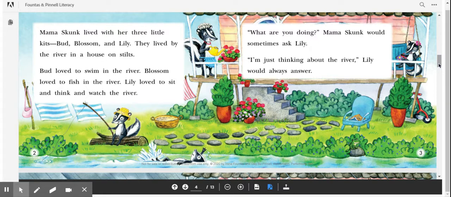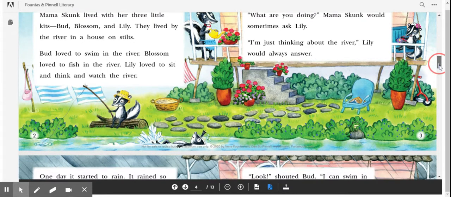So the fact that this is in a house on stilts is not very common and would probably have to be a conversation with the child prior to teaching this book or during this book, just pointing out what stilts are and why a house would be on stilts. So having a setting that's not common for a child's experience would start to happen around this level.